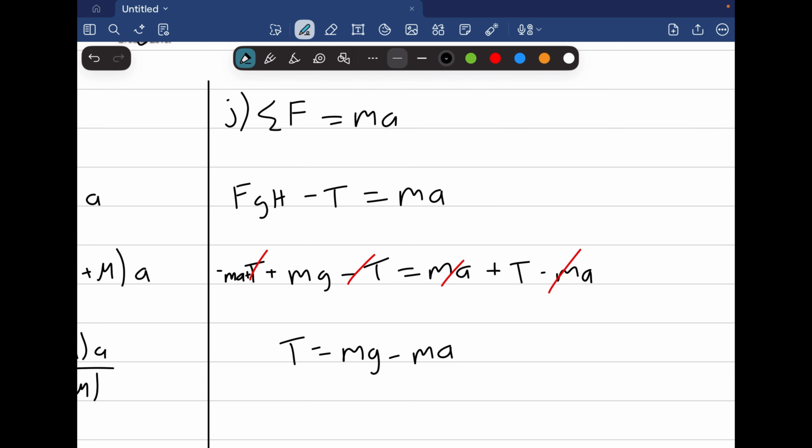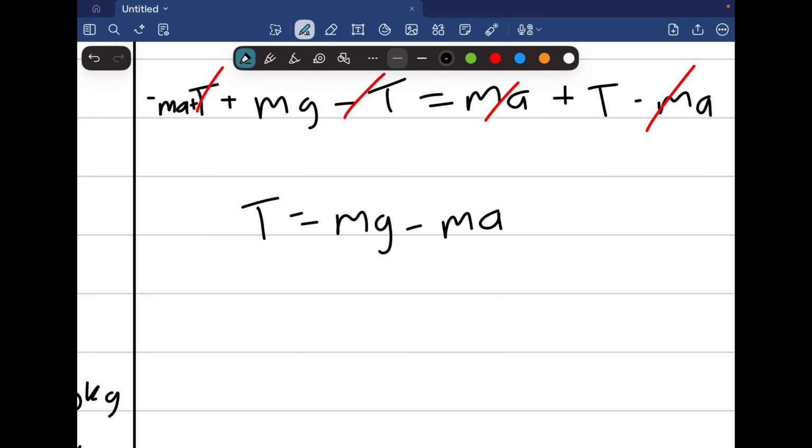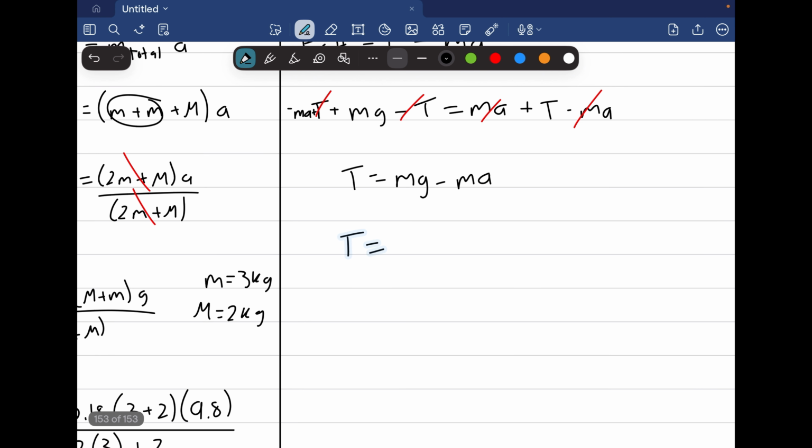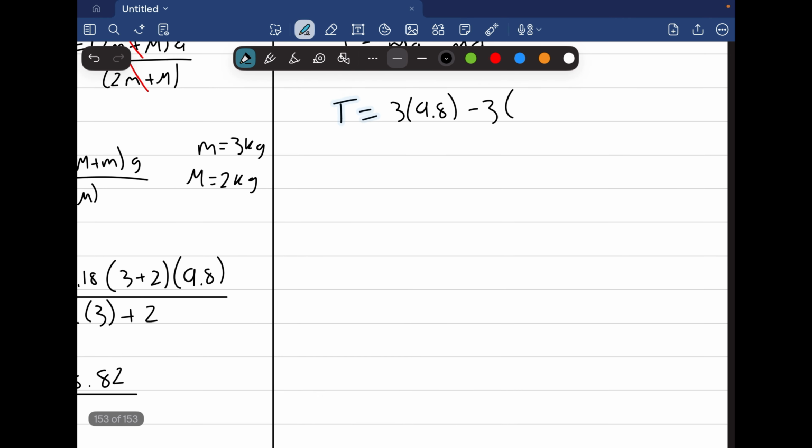right? And then I'll plug in the values to find T. So T is equal to 9.8 minus 3. A is 2.57, right?